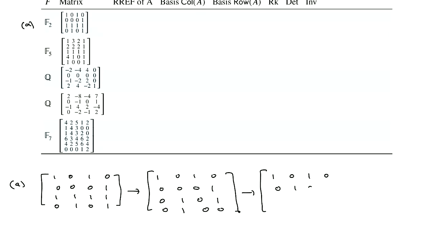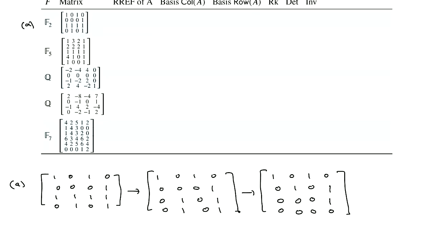Yep. Have I done it all correctly so far? Oops, I think I copied something down wrong. I put a 0 here when there should have been a 1. And at the same time, well, I'll kill off that row using the second row.